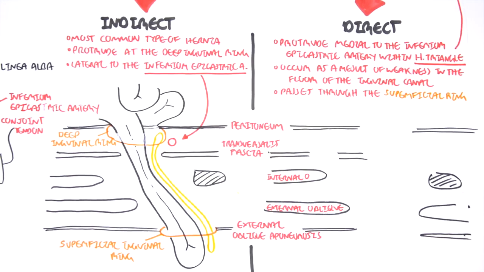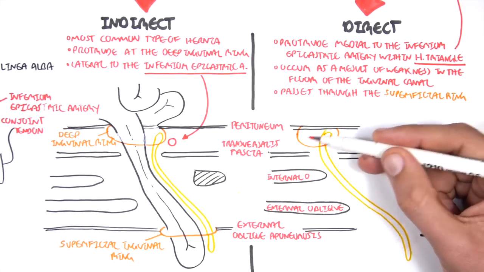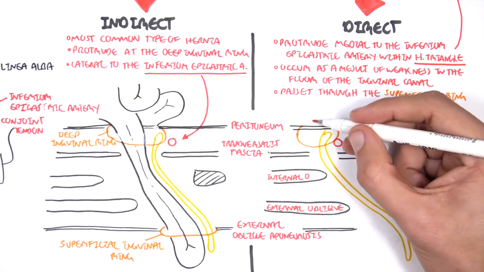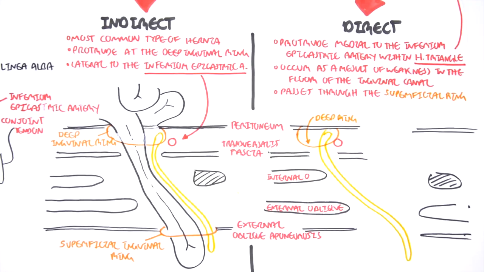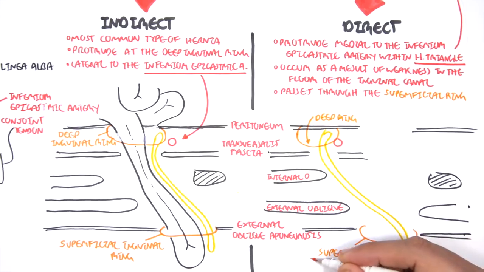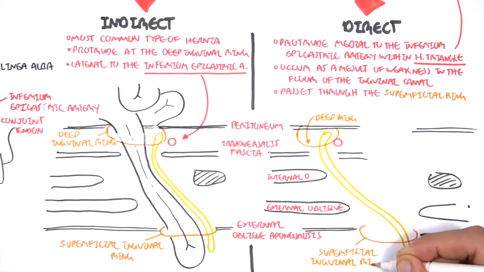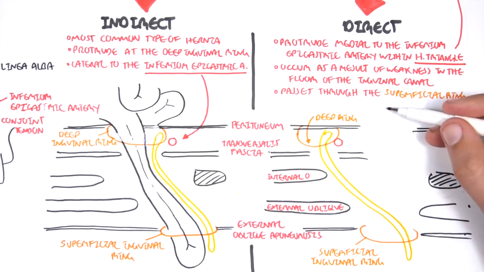So again, we're looking at this diagram from the top. And here I'm drawing the spermatic cord in yellow. And here we have the inferior epigastric artery. And here is your deep inguinal ring where the spermatic cord originates. And then here you have the superficial inguinal ring where the spermatic cord also goes through.